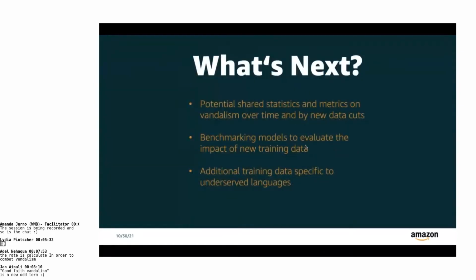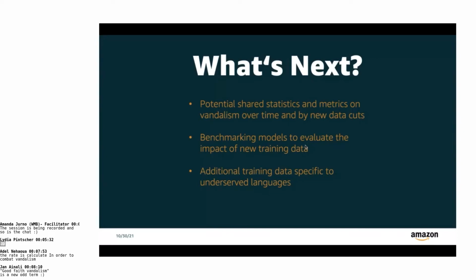So what's next for us? We want to be able to share statistics and metrics on vandalism over time and by new data cuts, and expand that to new corpuses through Wikidata and Wikipedia specifically. We want to share a lot of the information that we've been able to glean on what the typical instance of vandalism looks like, and cases of vandalism that we isolate, to build better data sets on vandalism and non-vandalized edits in general.